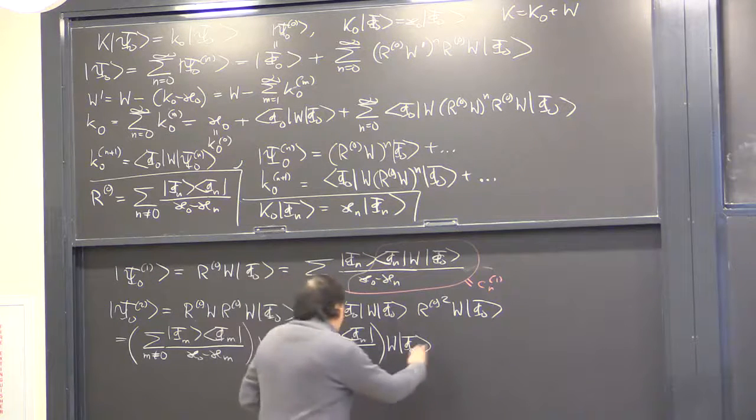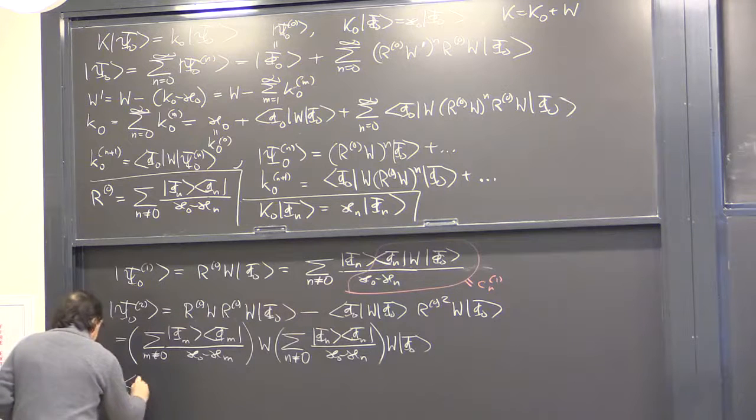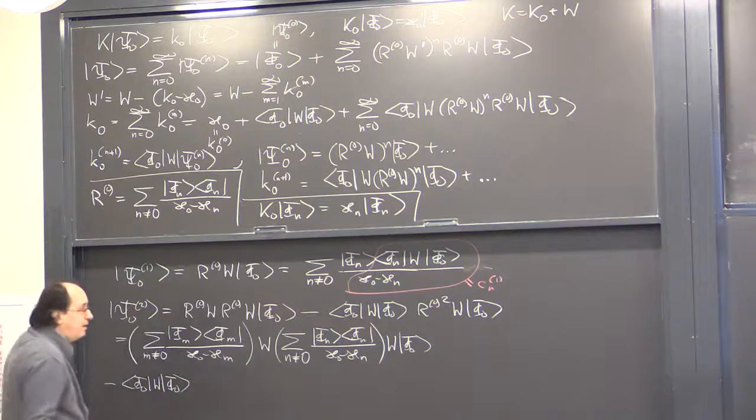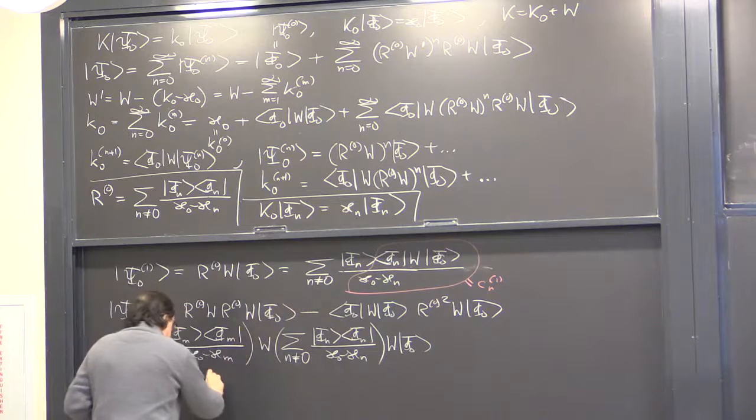Then what I have is minus an expectation value of W, and then the square of the resolvent. Let's do that.